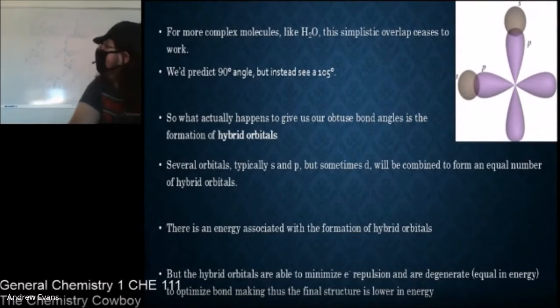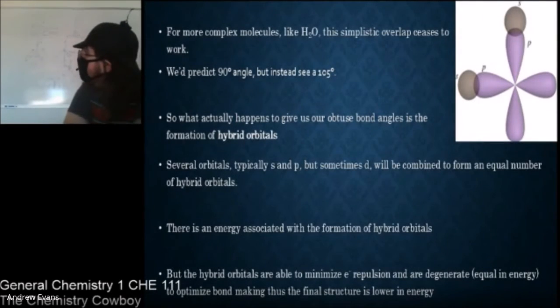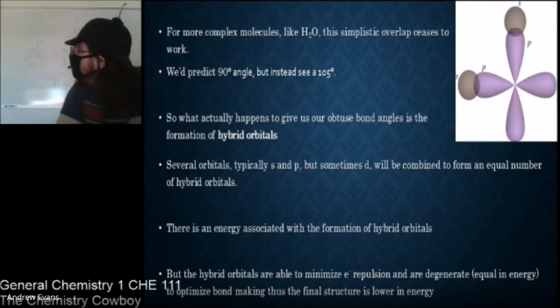But for any other atom, it becomes a little bit harder. If you imagine H2O, you have to make 2 bonds. So you'd have a p orbital and another p orbital. If you did that, the p orbitals are supposedly only supposed to go on the x-axis, the y-axis, and the z-axis.